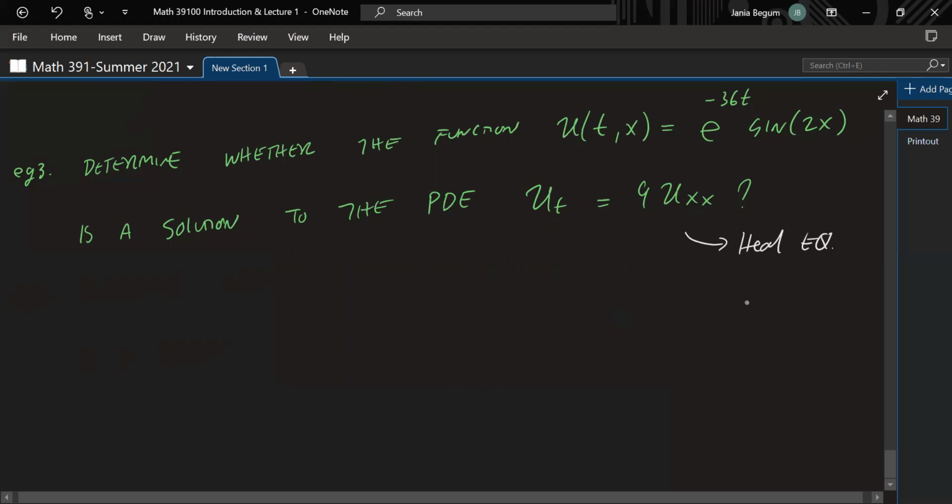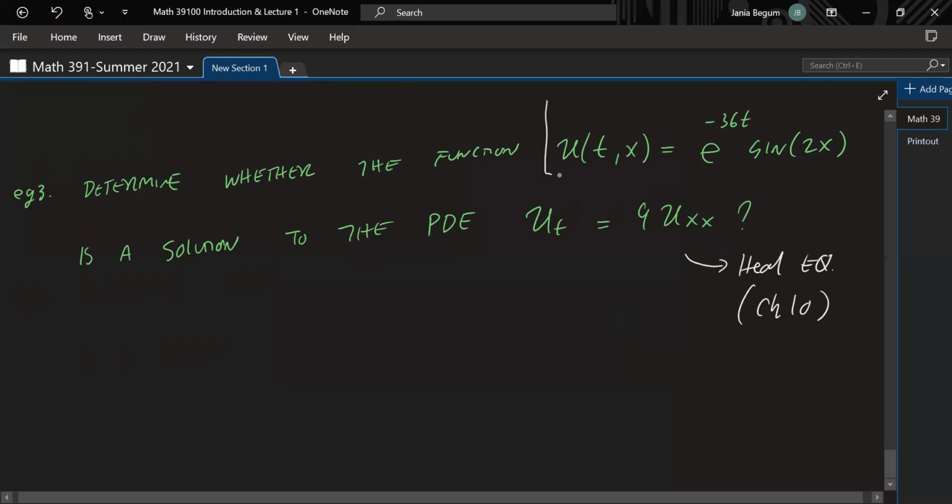We're going to study this in chapter 10, so you will know how to find the solution to this problem. But right now, I just want you to determine whether the function I gave you, which is this guy right here, is a solution to the partial differential equation. So what do you guys think?